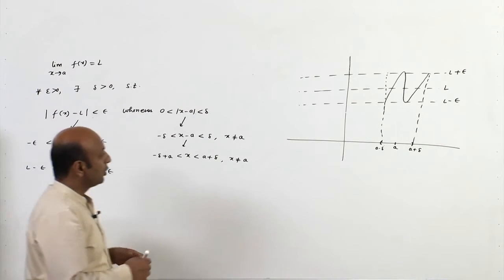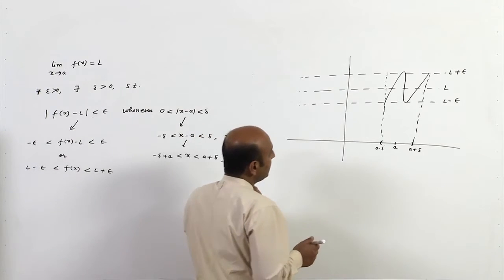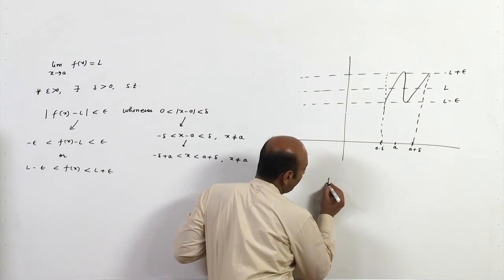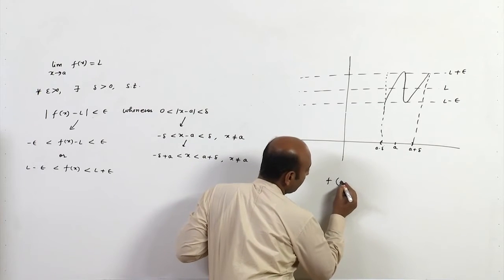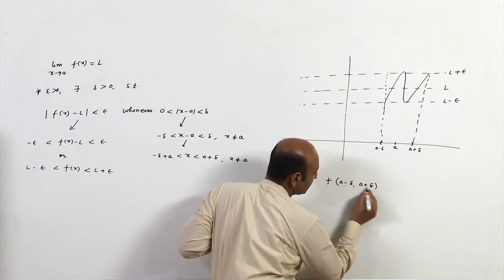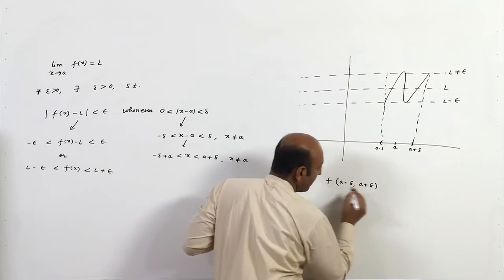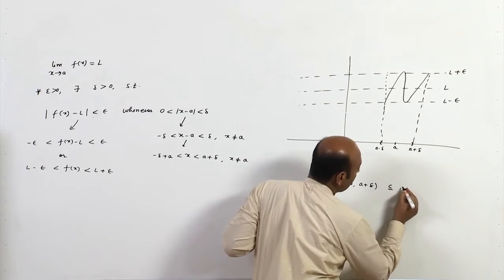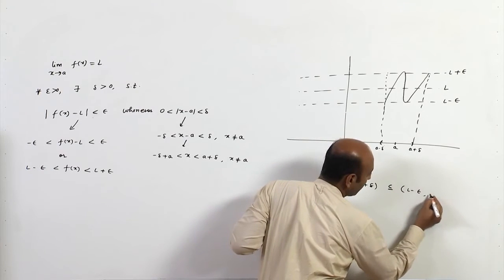So we can say that f of all those x lying in a minus delta to a plus delta will be contained in L minus epsilon to L plus epsilon.